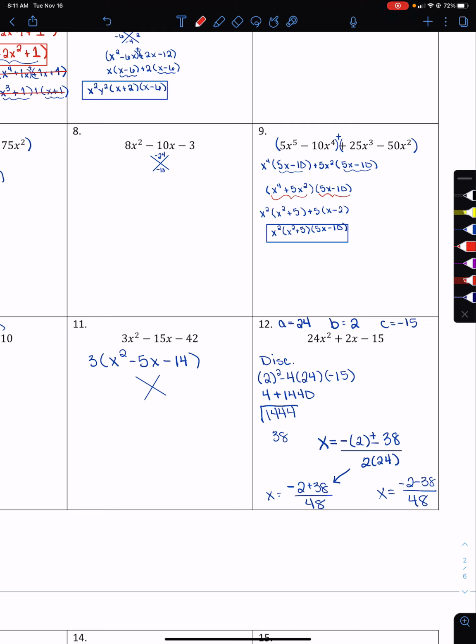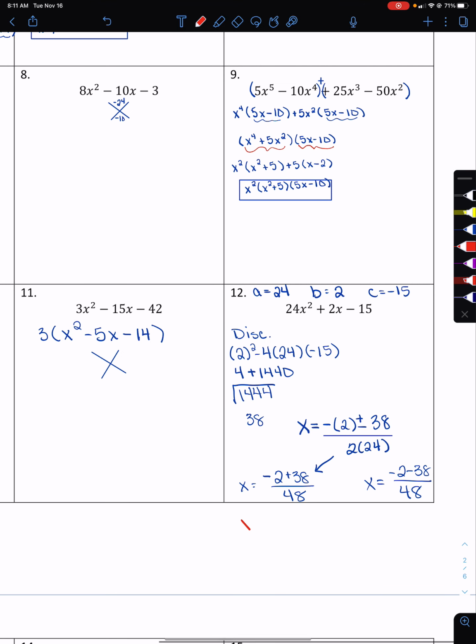So here, though, -2 plus 38, okay, that's going to give us 36 over 48. We can reduce that, and once we reduce that, we got x equals 3 over 4.